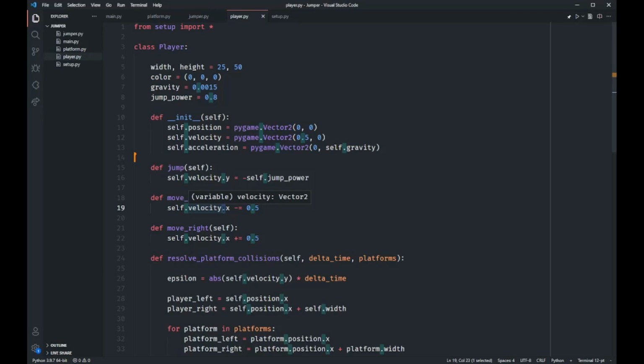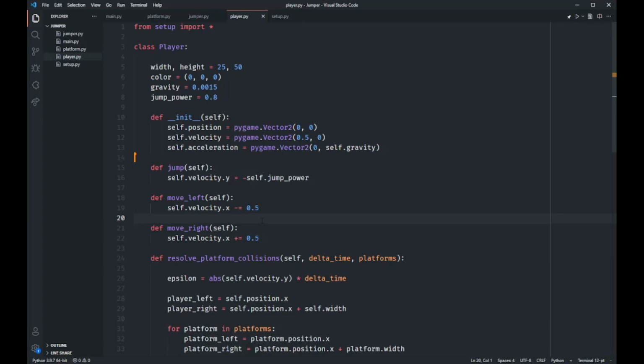Because if you imagine my game runs 60 frames within a second, that means after holding the button for a second, my velocity is going to be 30 or negative 30. That's going to mean our player is moving really, really fast, and that's not what we want. We want our player to be moving at the same speed as long as they're pressing the key.